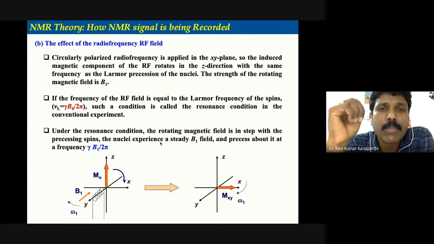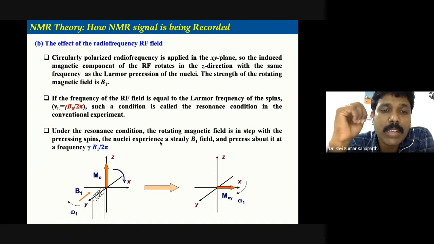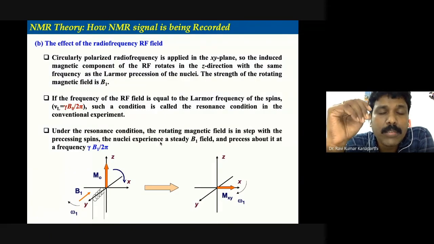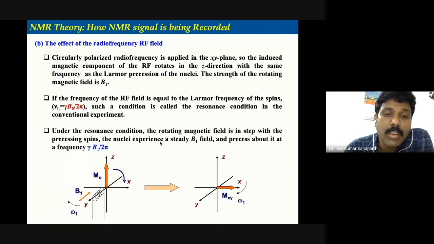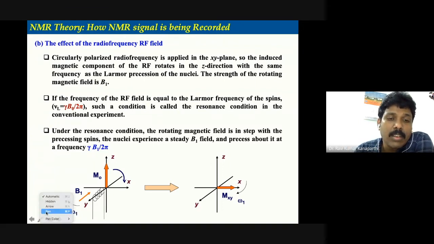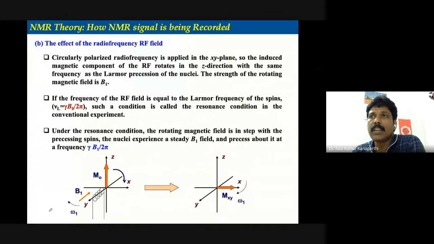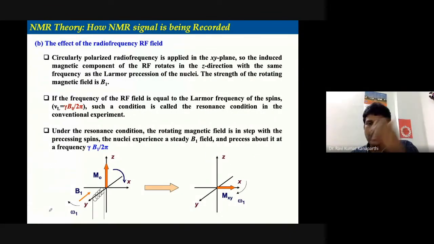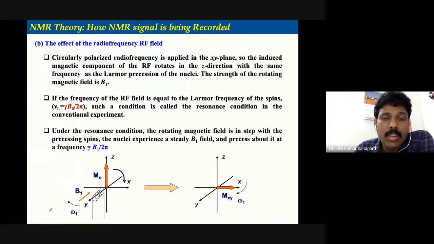So how do we apply it, and in which direction? It is applied through a coil referred to as the transmitter coil. In the NMR spectrometer we have two different coils: one is the transmitter coil, and the other is the receiver coil.